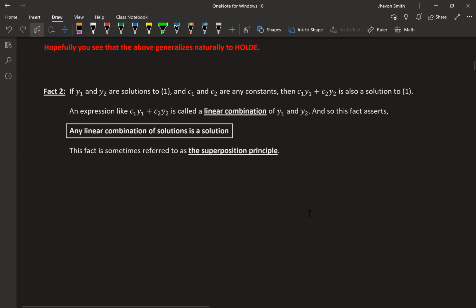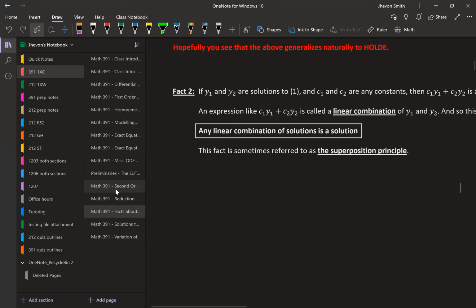So if you have a bunch of things, you multiply them all by a constant and add them together, that sum, that expression that you get, it's called a linear combination of the things. And basically, this fact states that any linear combination of solutions is a solution. So if someone comes and they say to me, hey, here's a differential equation, e to the x is a solution, and e to the 2x is a solution, then it automatically means that c1 e to the x plus c2 e to the 2x is a solution, right?